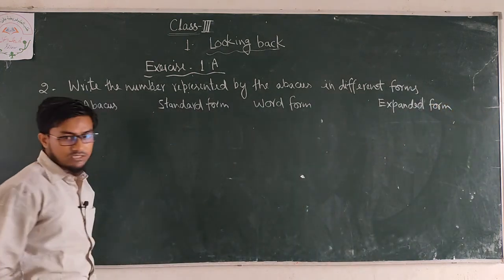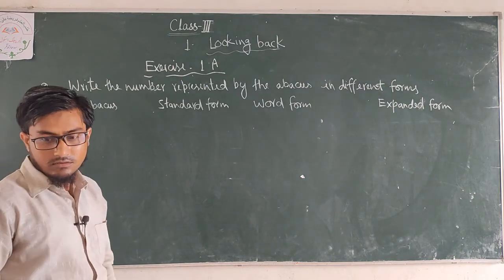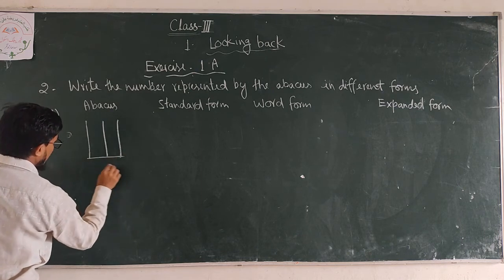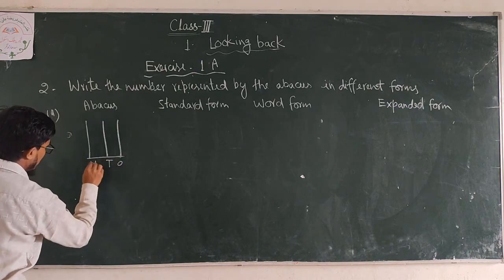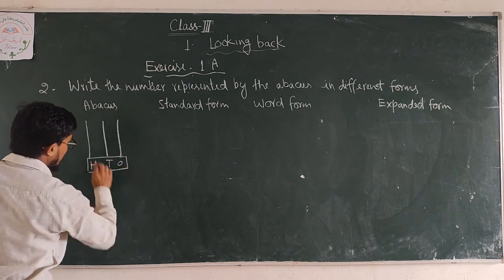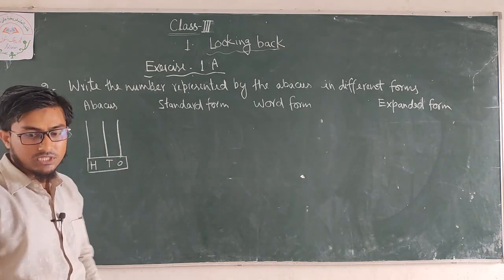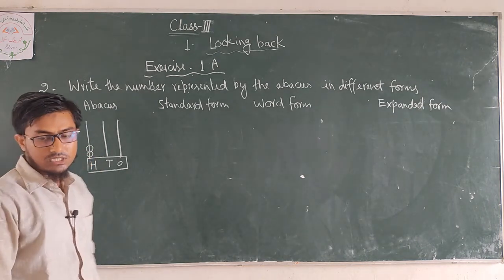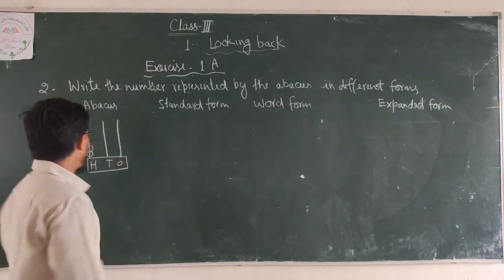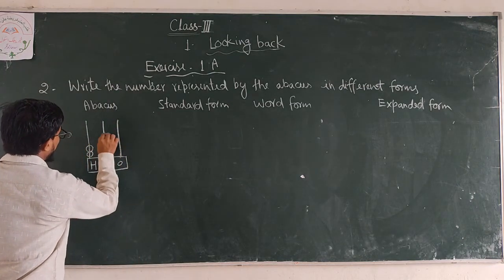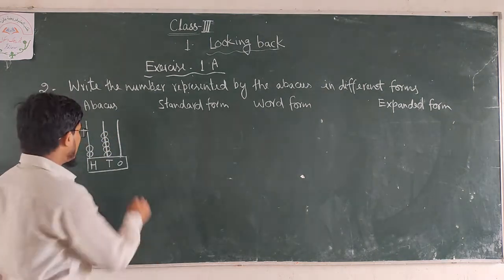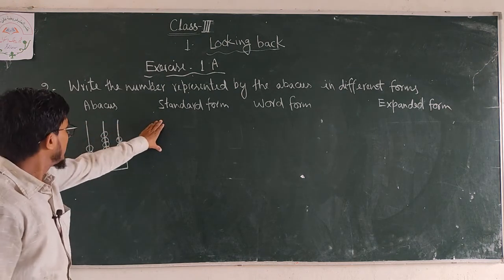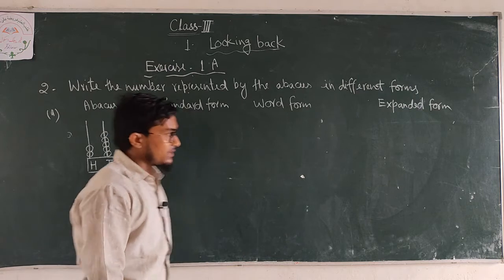So the given abacus is here, with ones, tens, and hundreds. On the hundreds position, 2 beads are drawn, on the tens position 5: 1, 2, 3, 4, 5, and on the ones position 3. Write the given abacus in standard form, word form, and expanded form.